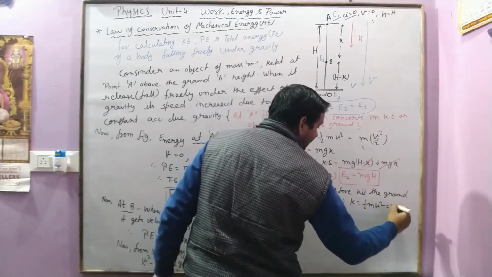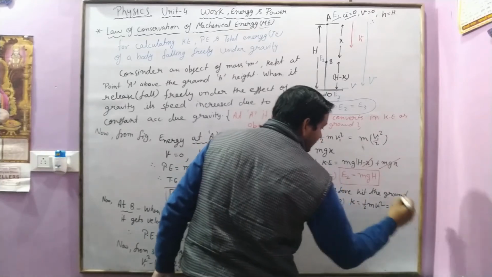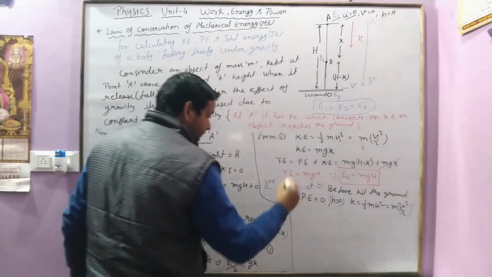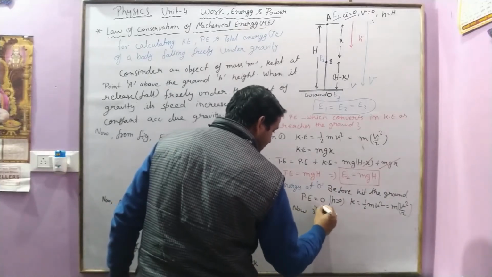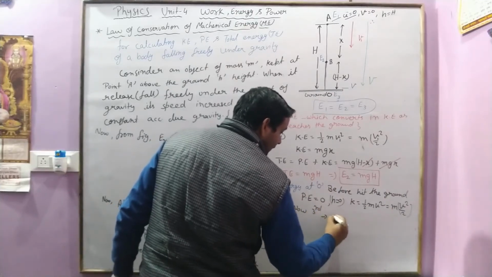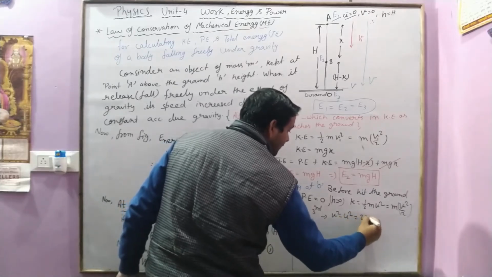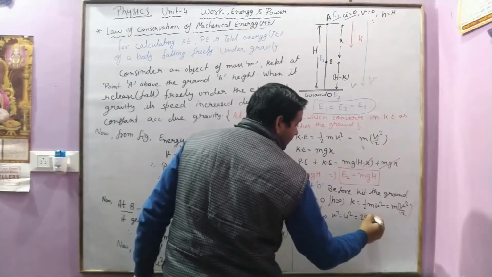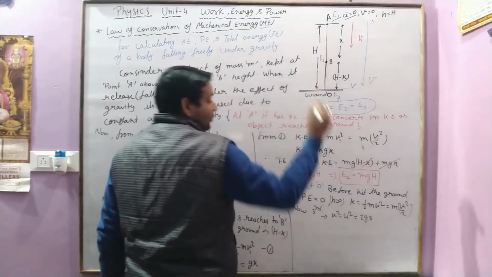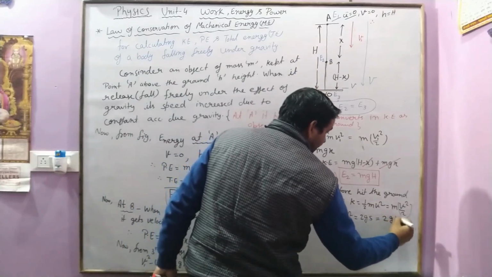Here we calculate mv square by 2. Now again, by the third equation of motion, we have v square minus u square is equal to 2gs, and we have s is equal to h, therefore 2gh.